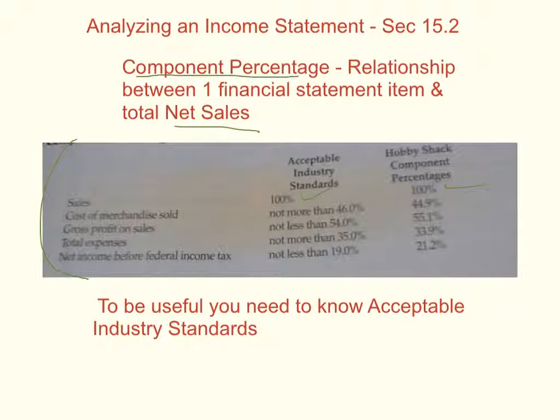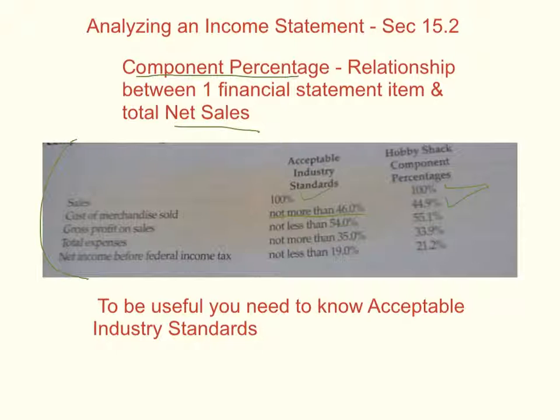Acceptable industry standards say that the value of your merchandise sold should not exceed 46%. Not more than 46% is acceptable. Since you have calculated a component percentage of 44.9%, this is not more than 46%, so this would be acceptable.